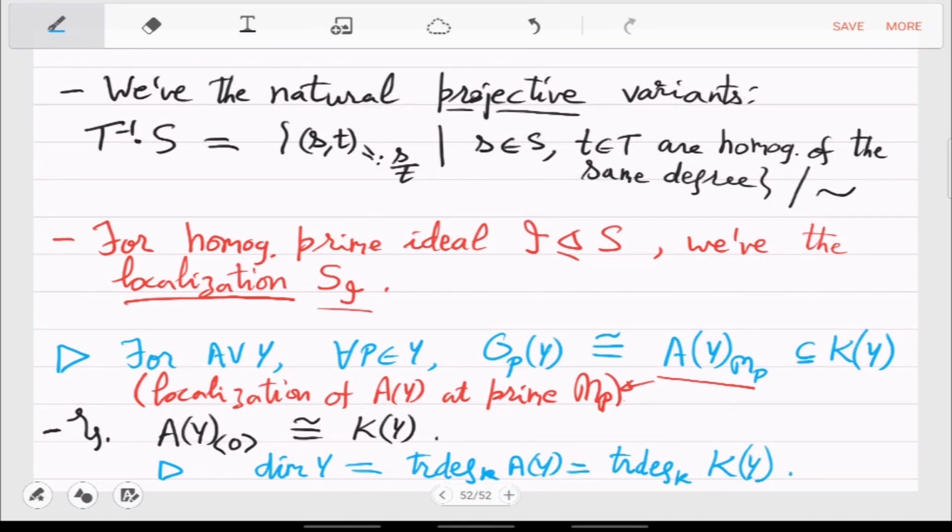So all these three things are the same, because when you localize you don't increase the dimension, you don't increase the transcendence degree. So A_Y sub 0 has the same transcendence degree as K_Y. So from that you can see the three things are equal. Any questions?